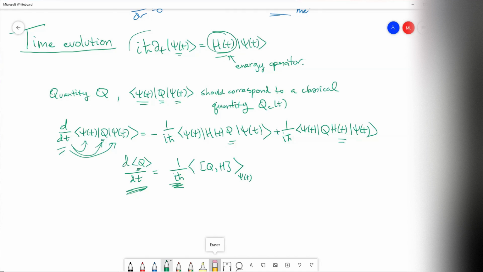So what about the classical version? The classical version, if this is some coordinate, like a position, is Hamilton's equations.